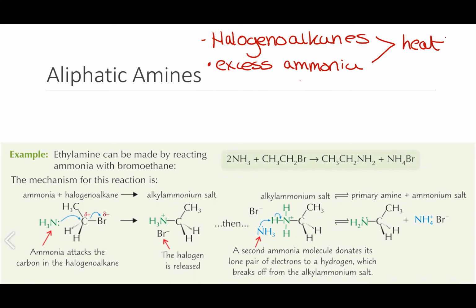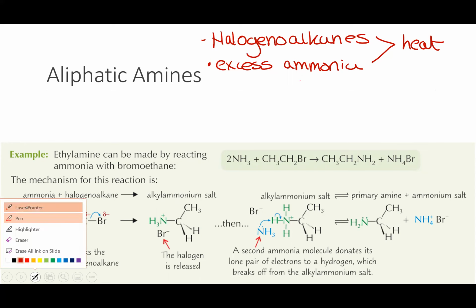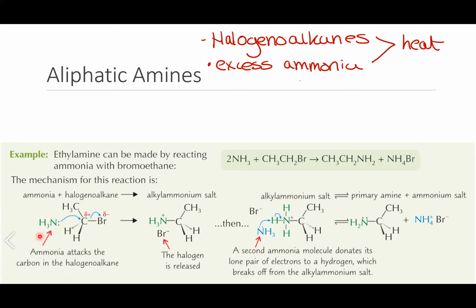Here's an example. Ethylamine can be made by reacting ammonia with bromoethane. Here we've got ammonia and our halogenoalkane. Remember the nitrogen in ammonia has that lone pair of electrons. The ammonia is going to come along and attack the carbon in the halogenoalkane because that carbon is slightly positively charged.